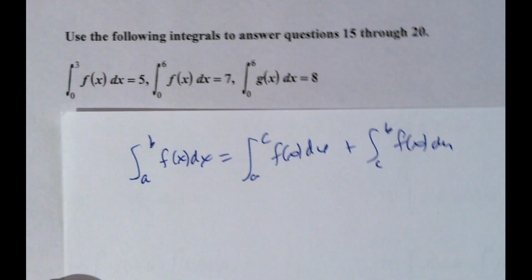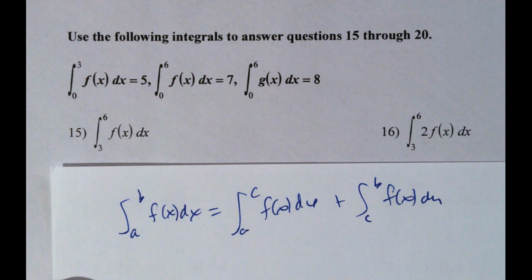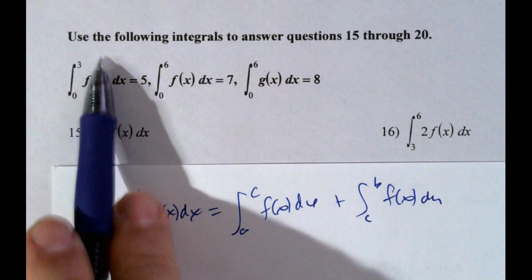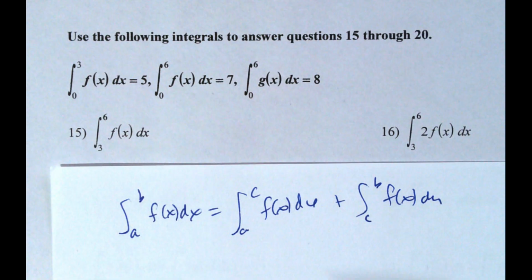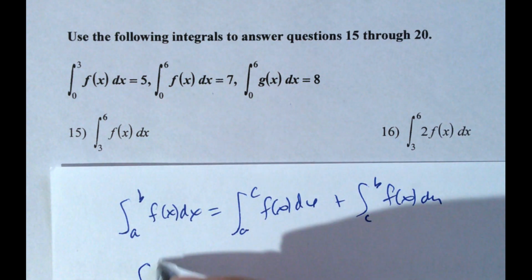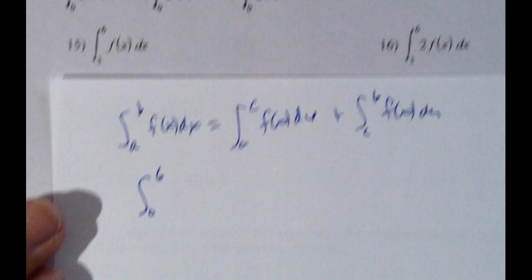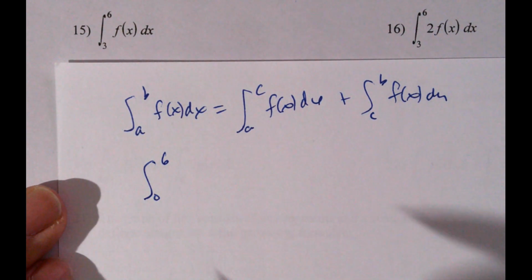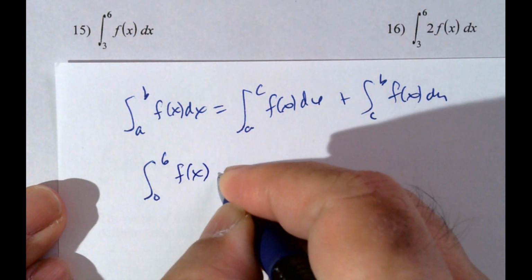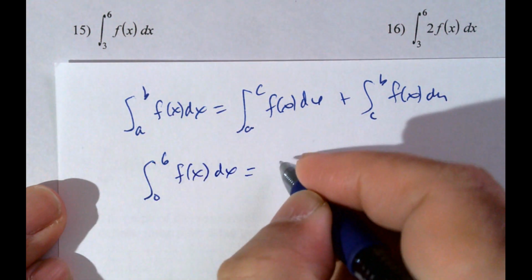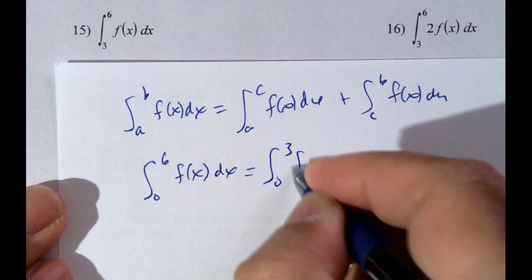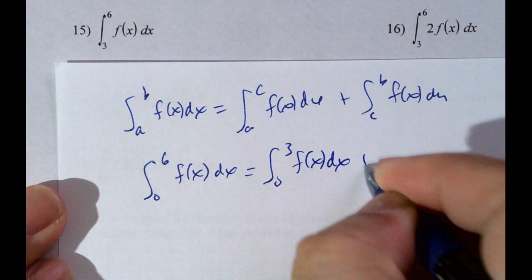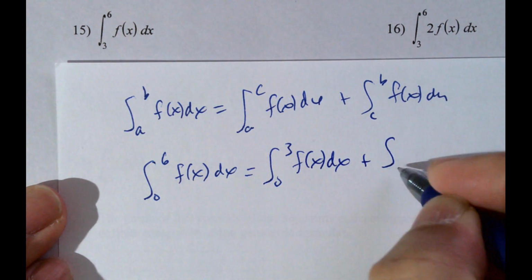So what I have is 3 to 6, and I have 0 to 3 and 0 to 6. So I'm going to do 0 to 6 of f of x equals 0 to 3 of f of x plus 3 to 6 of f of x.